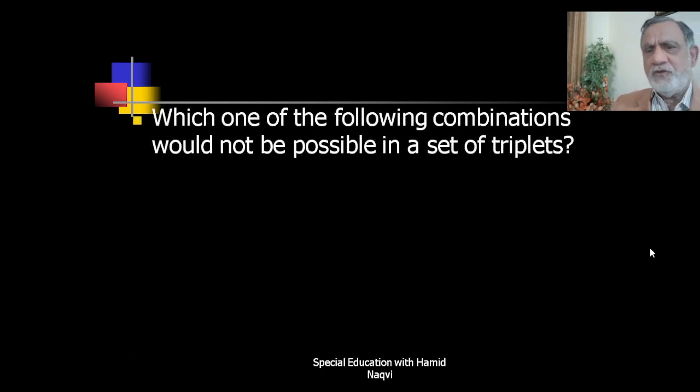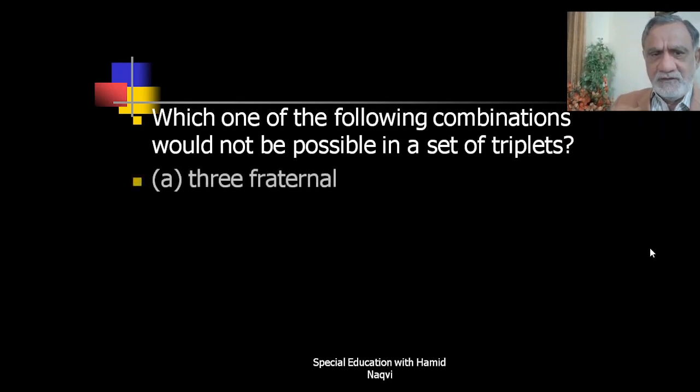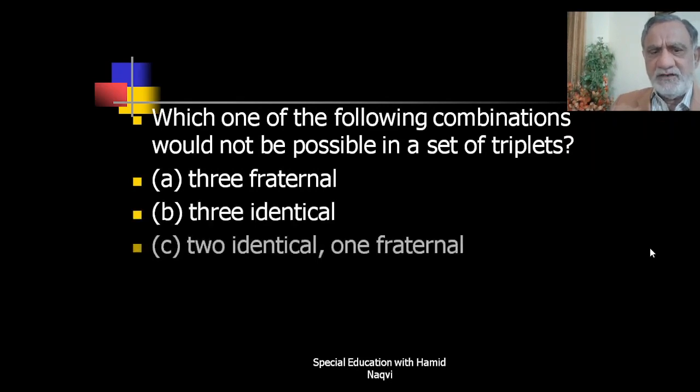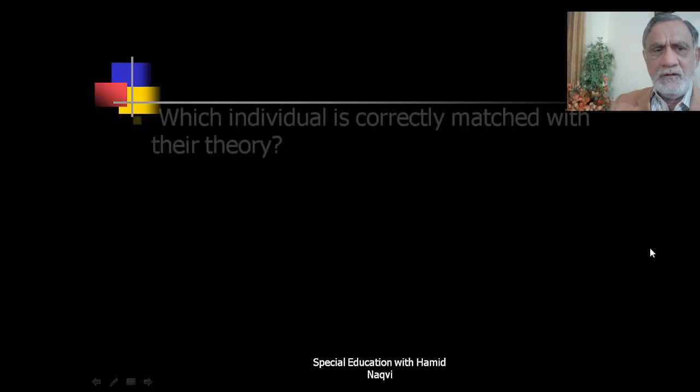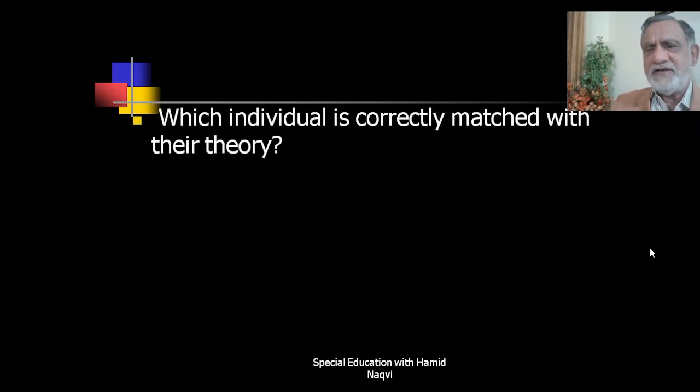Which one of the following combinations would not be possible in a set of triplets? 3 fraternal, 3 identical, 2 identical, 1 fraternal, or 2 fraternal, 1 identical. The correct answer is D, that is 2 fraternal, 1 identical. Which individual is correctly matched with their theory?